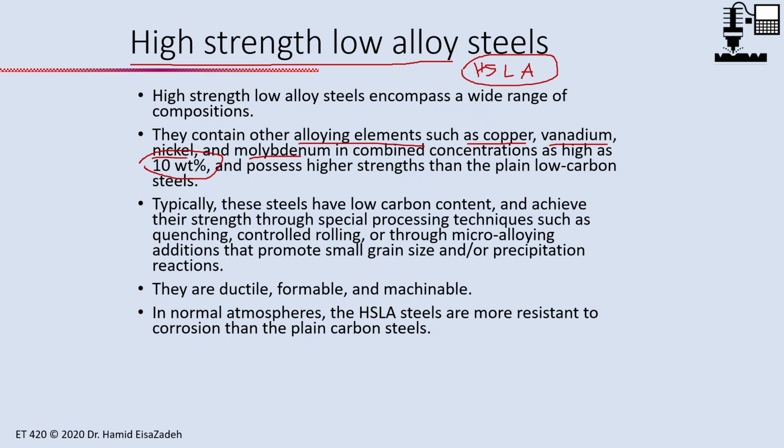Because of these elements, we can do various processing techniques such as quenching and rolling, and this process can increase strength through promotion of a small grain size. As you know, the smaller grain size gives you higher strength.